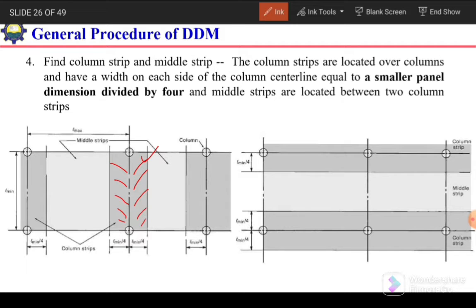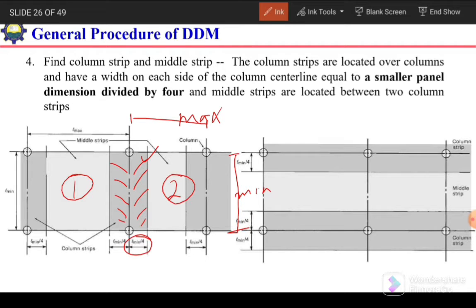For this half column strip, we will consider, for example, panel 2 and check its panel dimensions. One is the maximum or larger and the other is the minimum or smaller. The smaller value will be considered to calculate the width of the column strip. So the column strip width will be L minimum divided by 4.